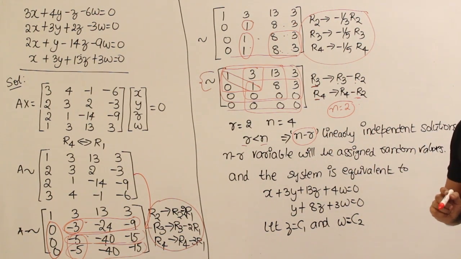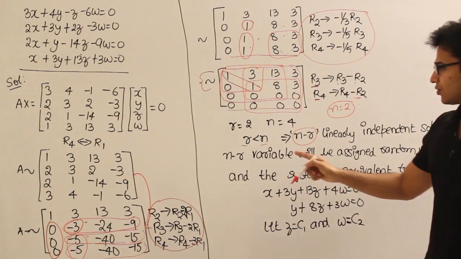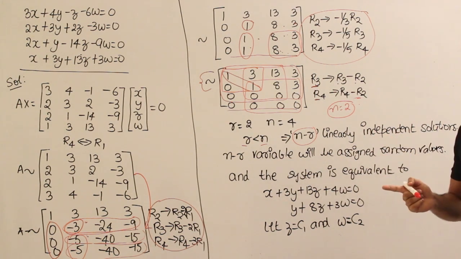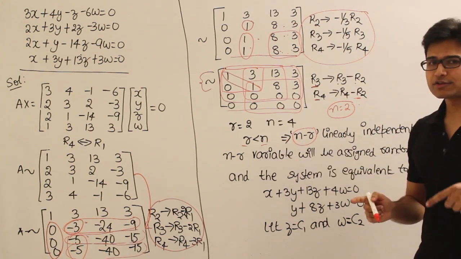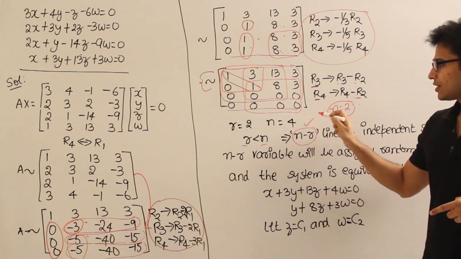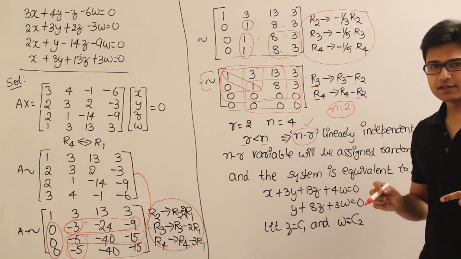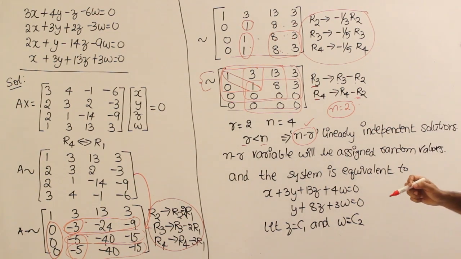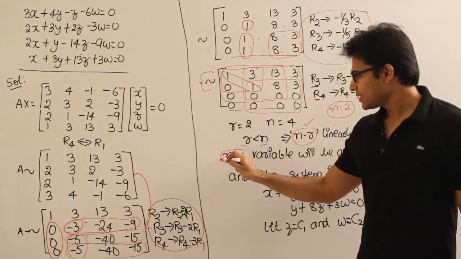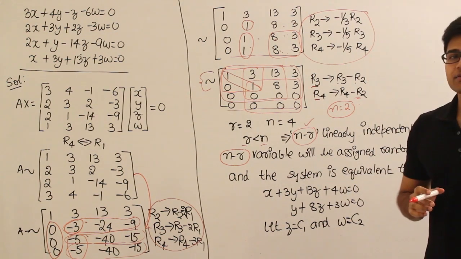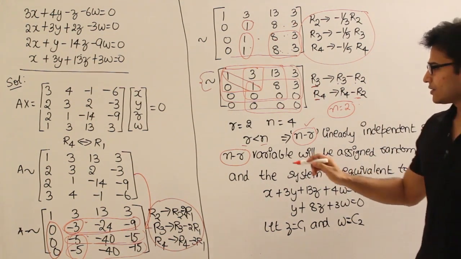How many linearly independent solutions? N minus r. Whenever r is less than n, the general procedure is that we have n minus r linearly independent solutions, and in order to find them, we assign random values to n minus r variables. So what is n minus r here?